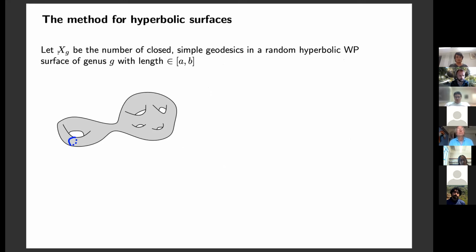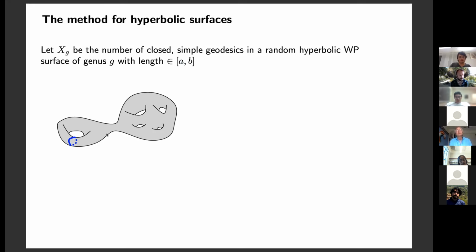So for hyperbolic surfaces, the method of Mirzakhani and Petri goes like this. I'm going to do the first moment only. I just want to count the average number of closed geodesics in my surface of genus G, with length between A and B. Something that I will not prove, but can be easily proven, is that if a geodesic is short, it's going to wrap around the handle.